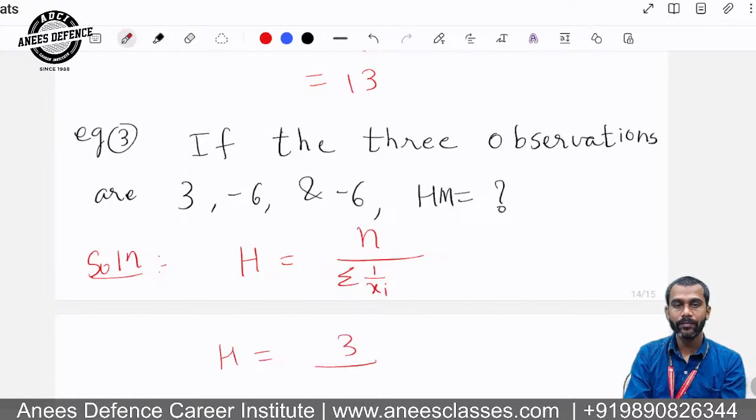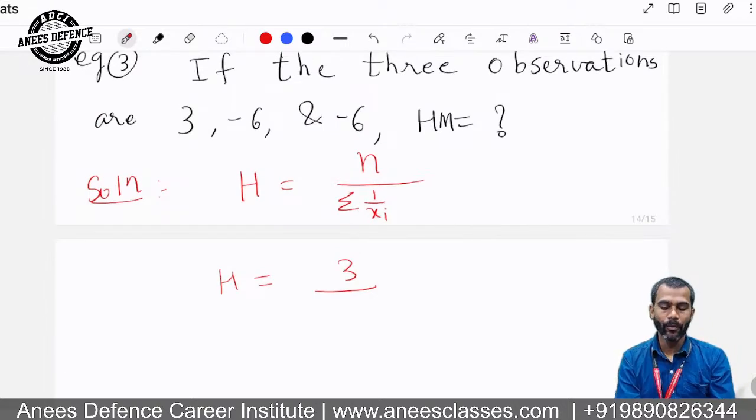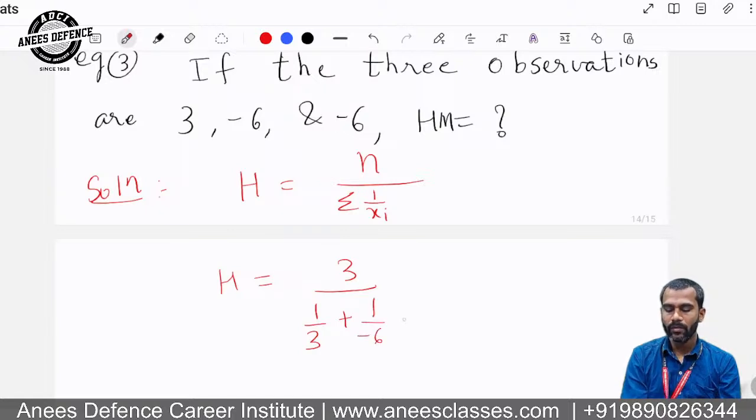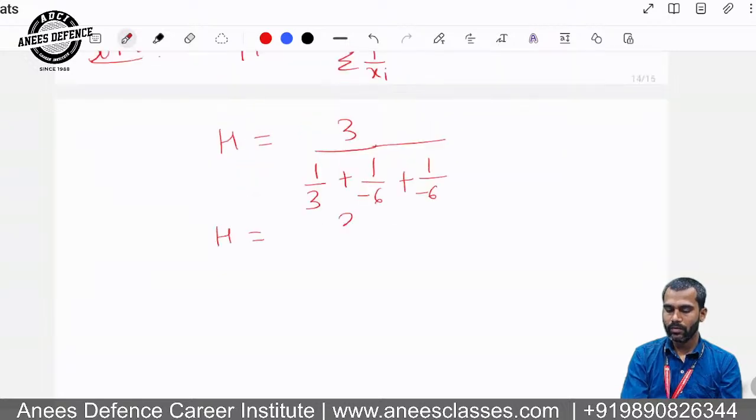Three observations are there. Now, what is the meaning of summation 1 upon xi? You need to add the reciprocals of all the observations, isn't it? So 1 by 3 plus 1 by minus 6 plus 1 by minus 6. So in the denominator, we are getting 1 by 3 minus 1 by 6 plus 1 by 6. Yes or no? I can take minus common.